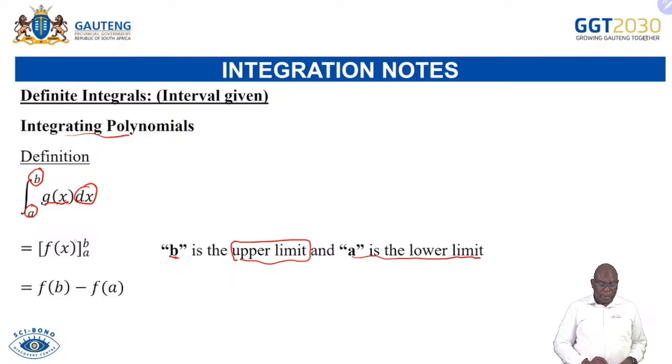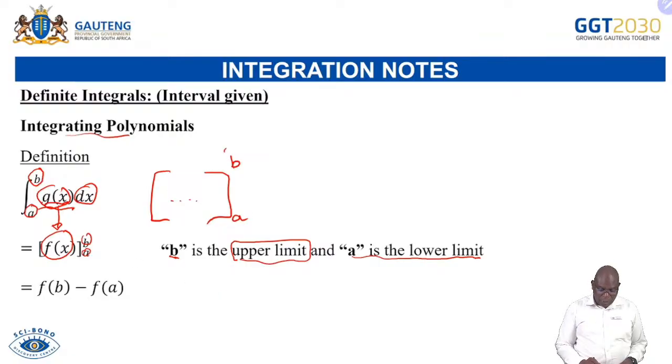Now, you'll find that the function, when we integrate, remember this is a g of x, it has been integrated to an f of x. So we'll have the b on top and the a there. So how do we do it? Once we integrate it, then we put these brackets like this. Then whatever is integrated will be here, and we put our upper limit and our lower limit.